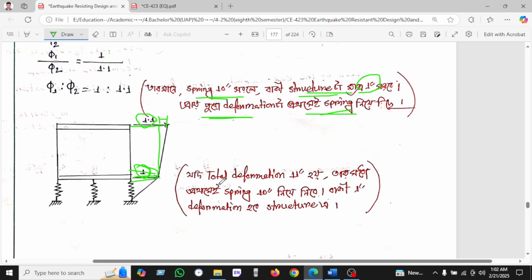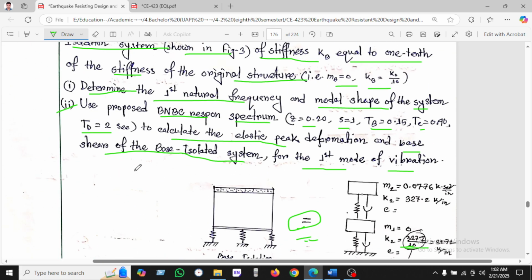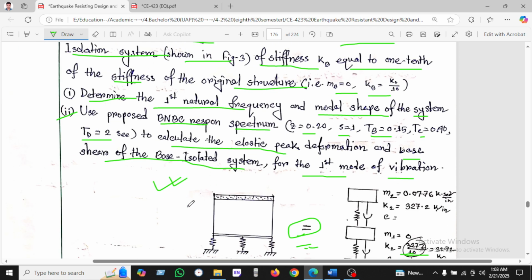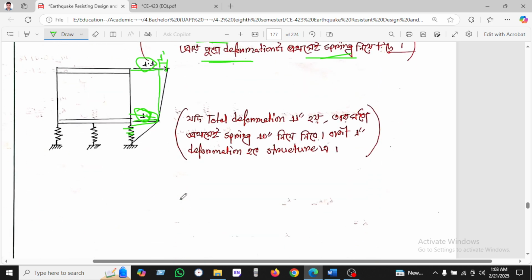So if we calculate the whole deformation as 11 inches, then we can say 10 inches are taken firstly by the spring, and the remaining 1 inch occurs in the structure. So these are the main phenomena as per this calculation.